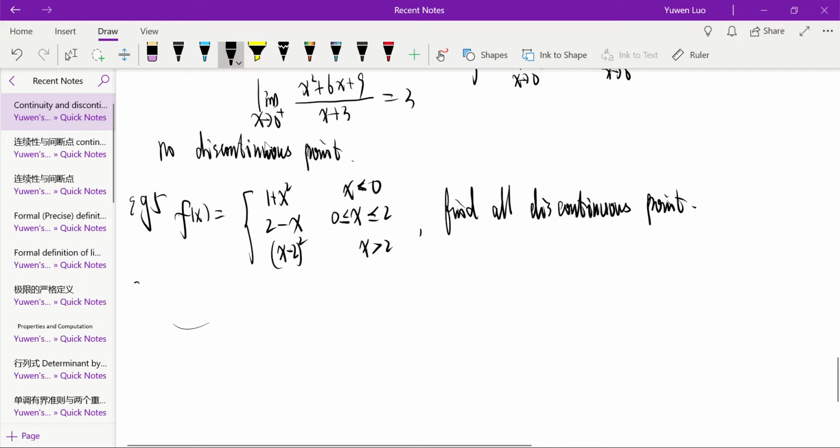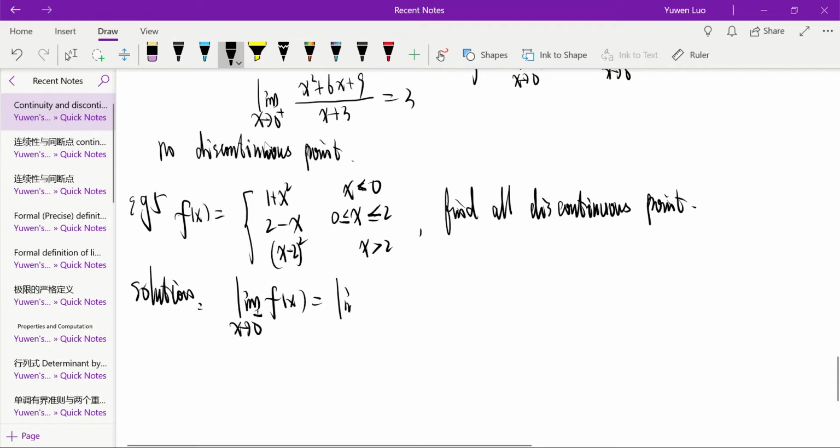So we need to compute the limit at x equals 0 and x equals 2. First, find the left limit and the right limit at x equals 0.